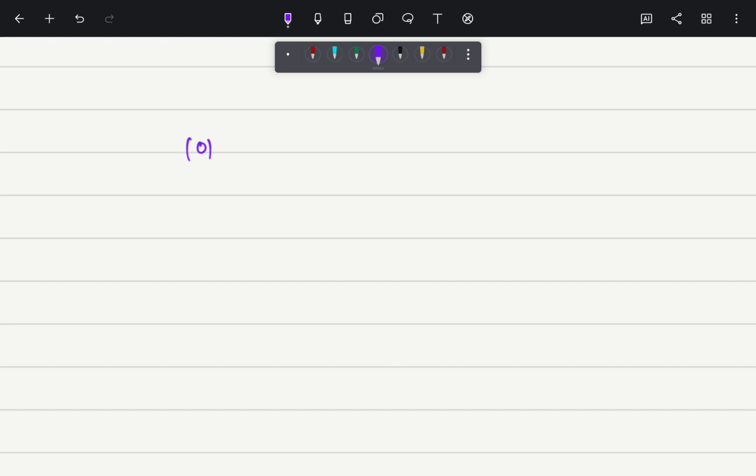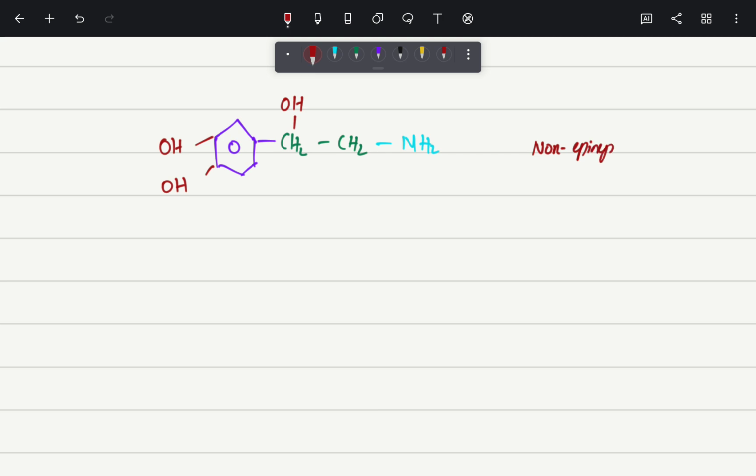So this is the benzene ring, and to this benzene ring we have the ethyl chains CH2, CH2, and finally the amine. We have hydroxylations at carbon number 3, carbon number 4, and a hydroxylation at the beta carbon. So this is the structure of norepinephrine. Norepinephrine, right?